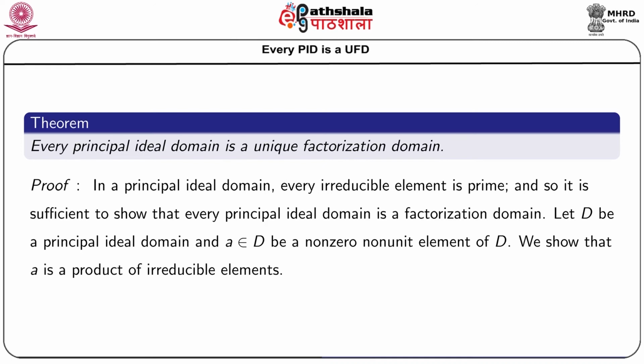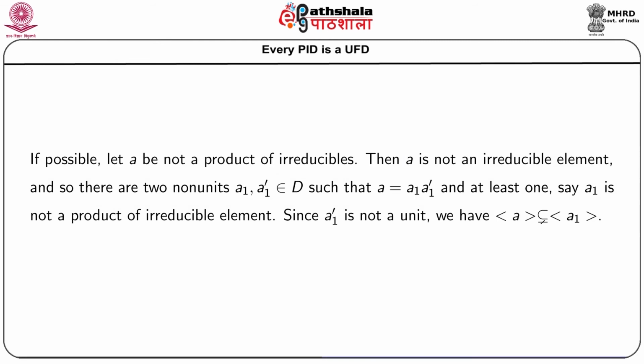Let D be a principal ideal domain and A belonging to D be a non-zero non-unit element of D. We have to show that A can be expressed as a product of irreducible elements. If possible, on the contrary, assume that A is not a product of irreducible elements. Then we have two elements A1 and A1 dashed in D, neither of which is a unit, such that A is equal to A1 times A1 dashed.